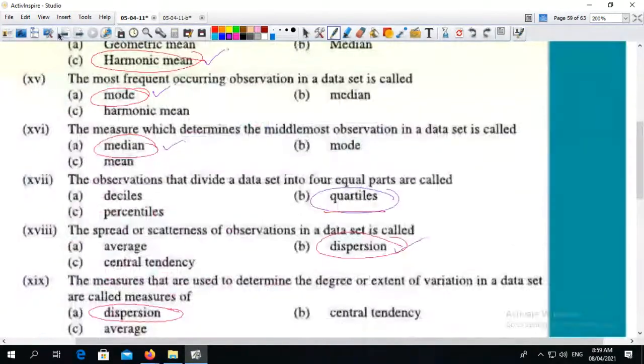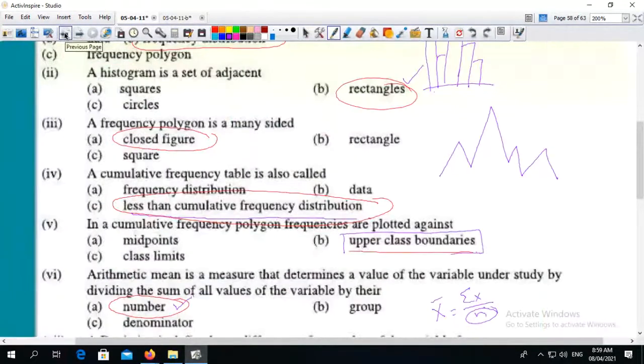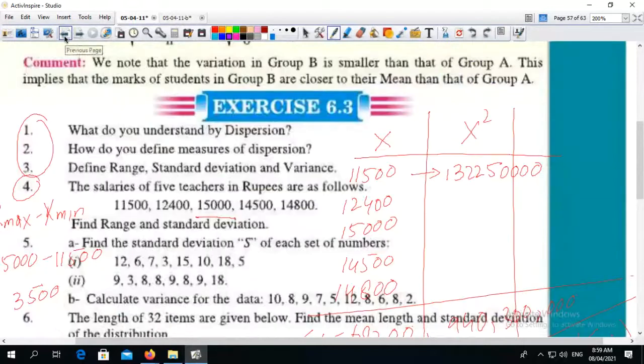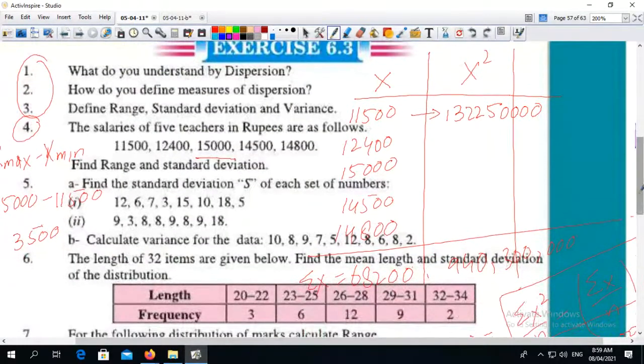Now we start exercise 6.3. In 6.3 we have only question numbers 4, 5, 6 and 7. Here I solve question number 4. The salaries of 5 teachers in rupees are given. Find range and standard deviation.